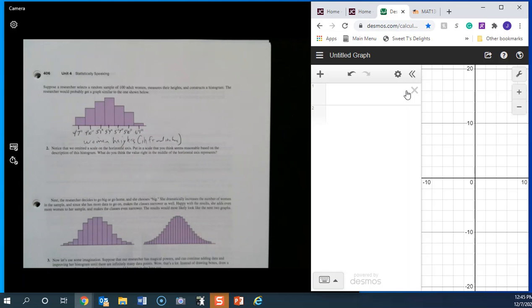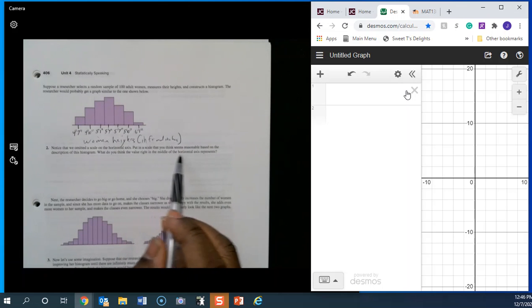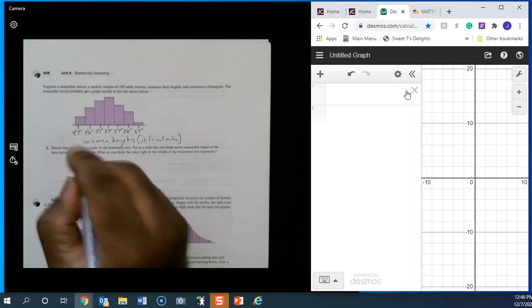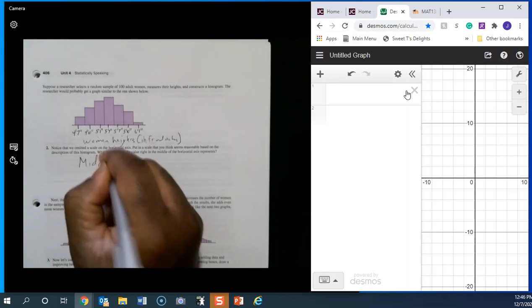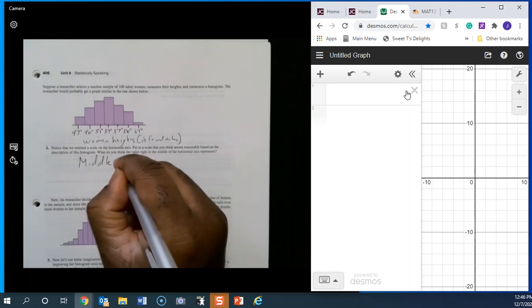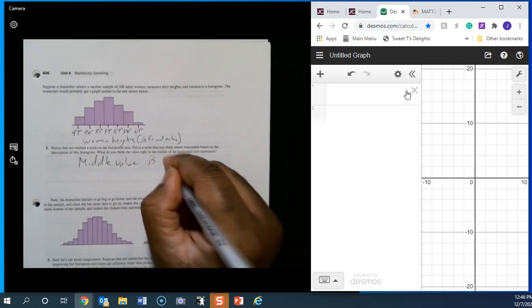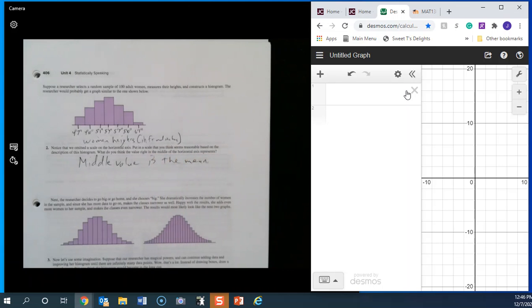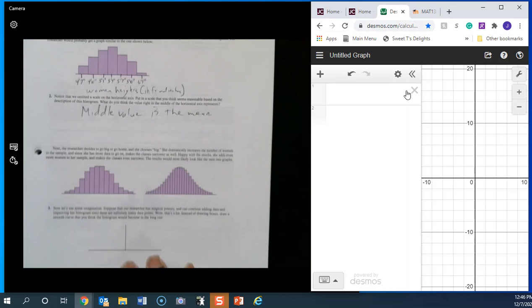Now it says, notice that we omitted a scale. We did all of that. What do you think the value right in the middle of the horizontal axis represents? That would be the middle value, which is the mean. That's what the middle value would be.